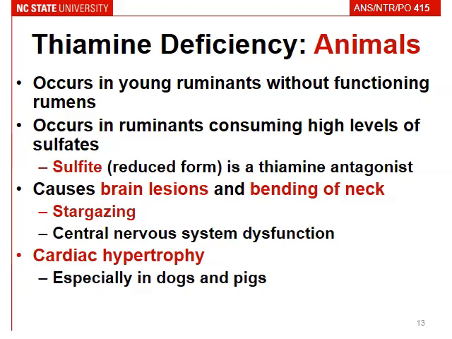So usually in the young ruminants, they're still nursing from the mother, but maybe the diet of the mother has high levels of sulfate, so she is actually deficient, and therefore her milk is deficient. So the calf doesn't have adequate thiamine within the milk, and they don't have the microbes synthesizing it. That's where the young ruminants have issues.